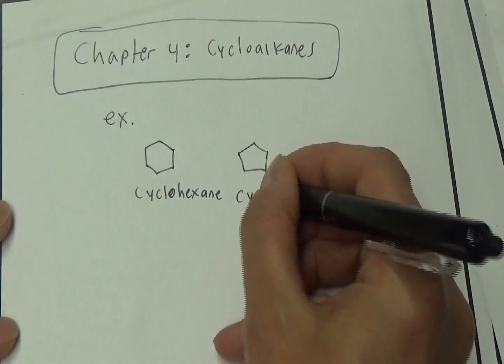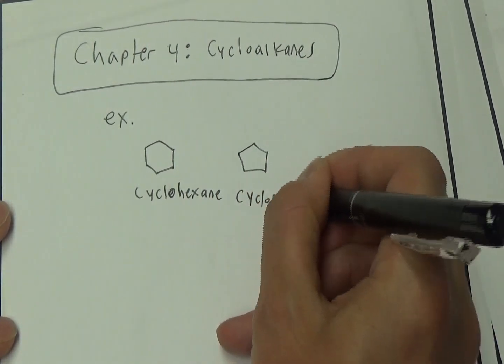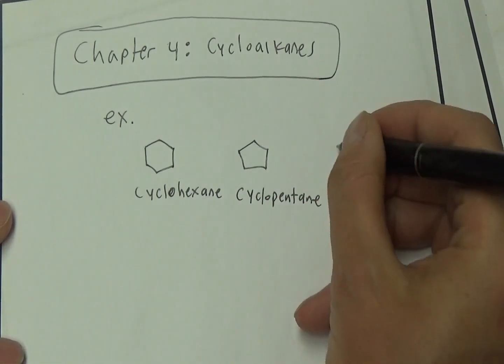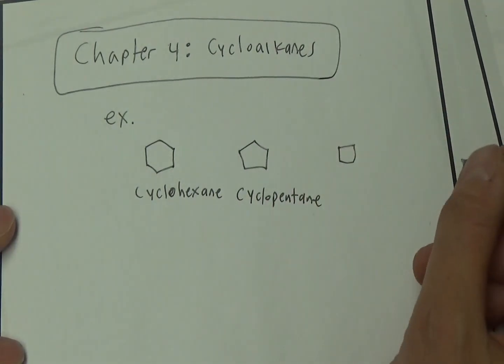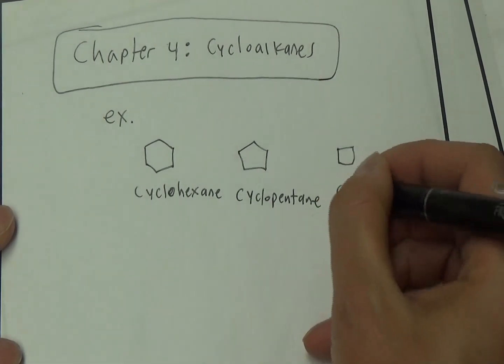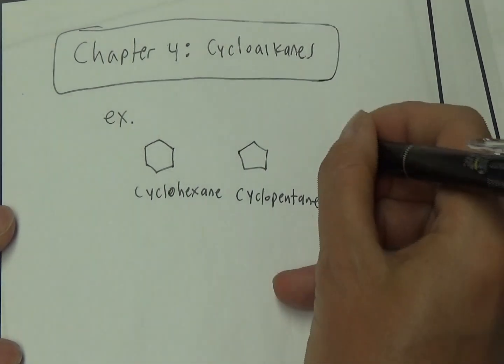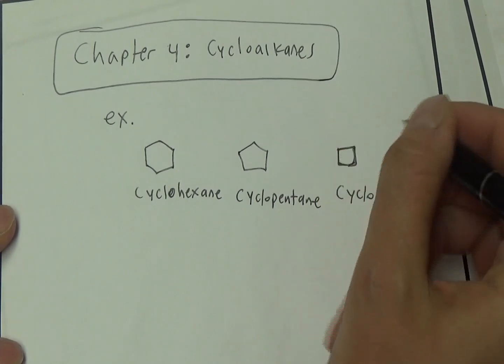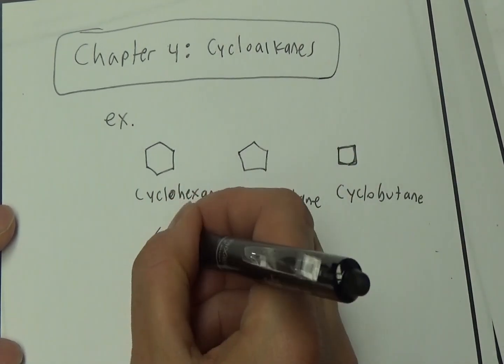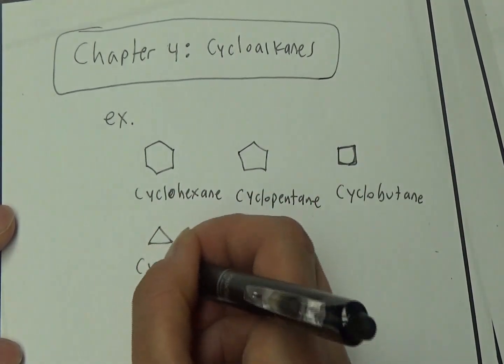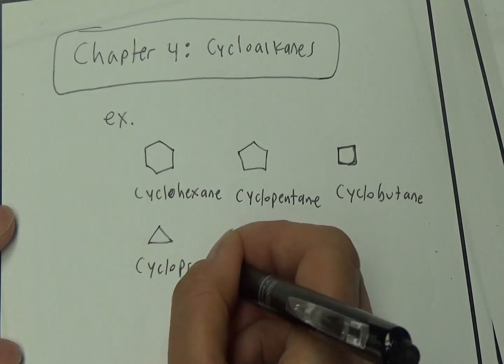Cyclopentane is 5 carbons. What do you think 4 is going to be? Cyclobutane. A little square. And what about 3 carbons? Cyclopropane.